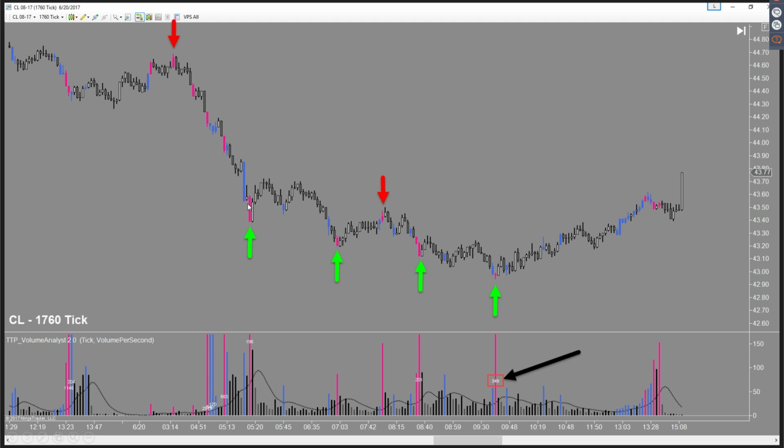When we see very high volume per second, it's typically associated with a lot of market orders coming into the market. So for instance, on a crude report or something like that, you would see extremely high volume per second.